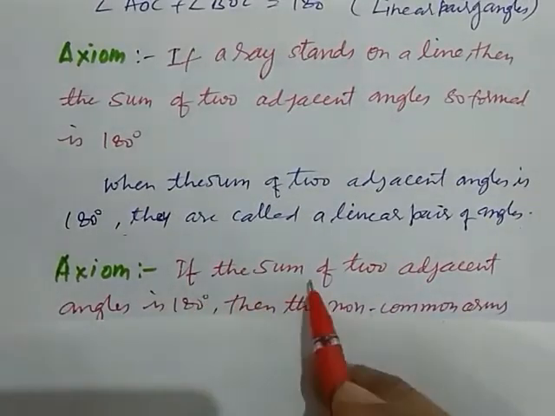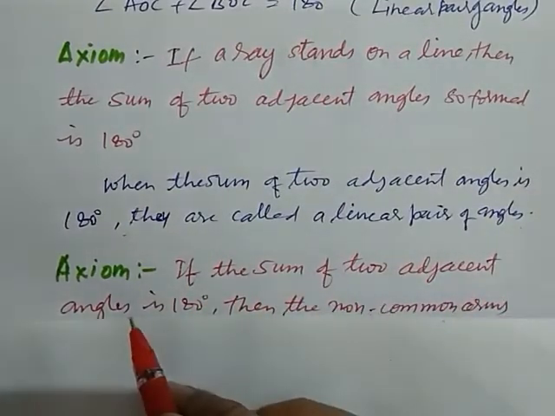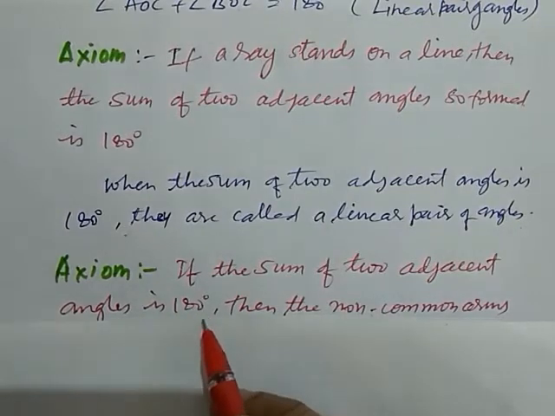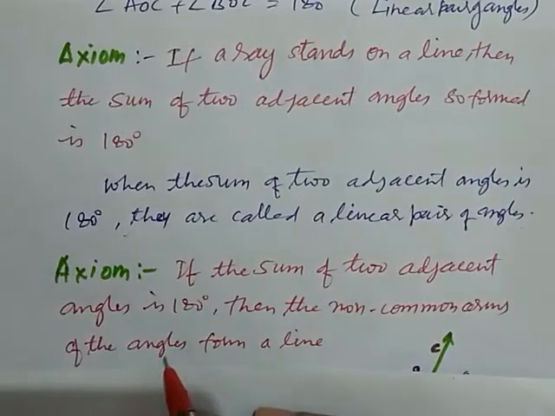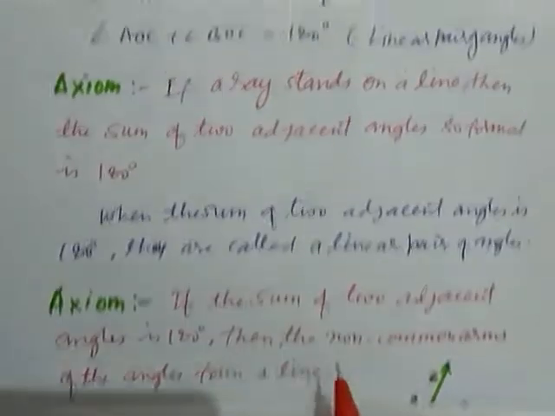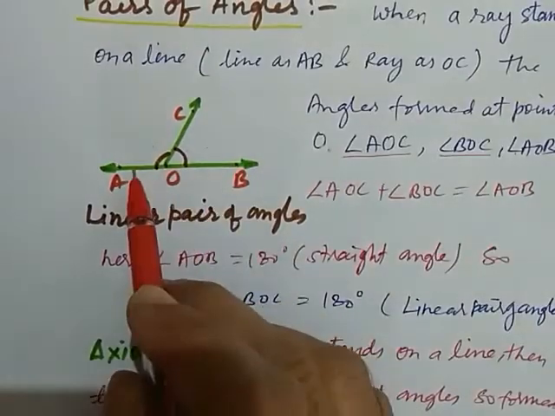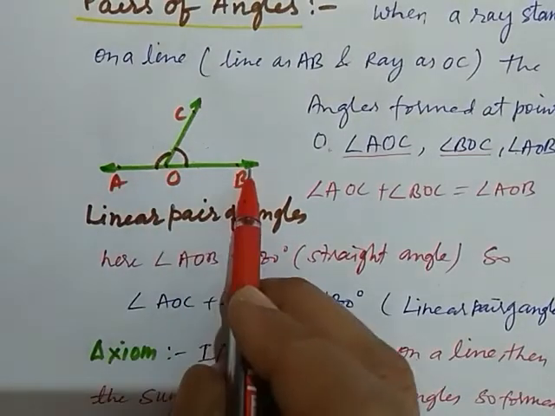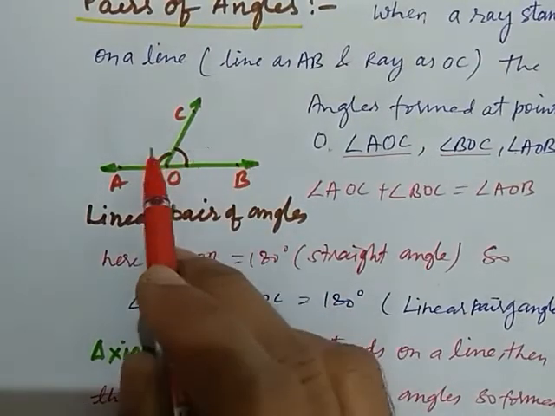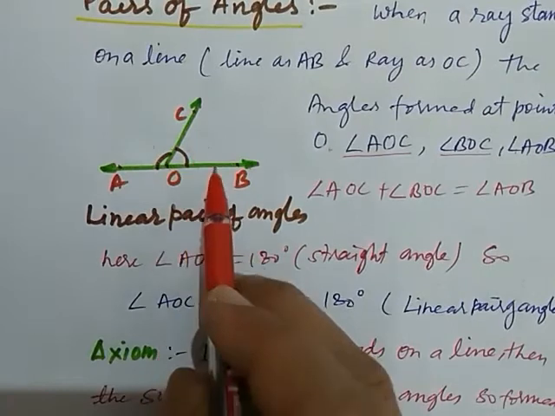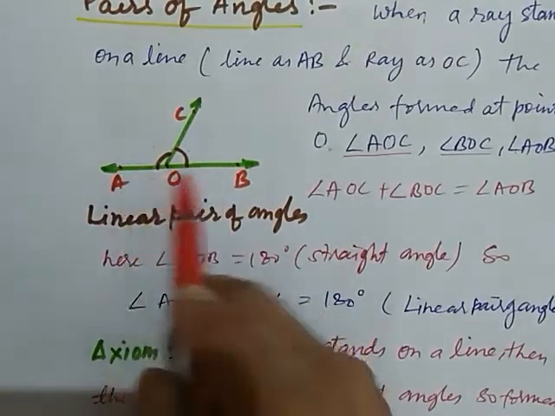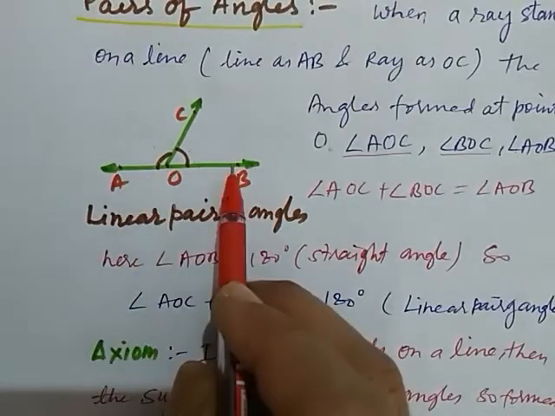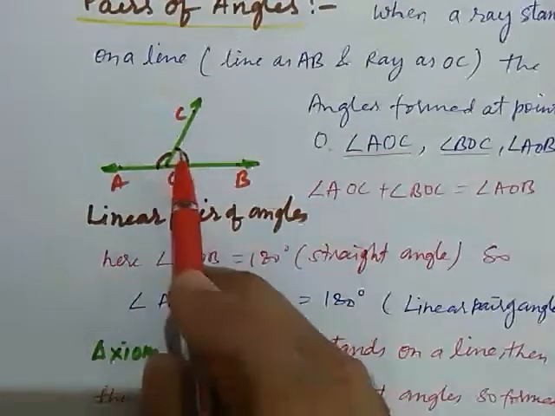If the sum of two adjacent angles is 180 degrees, then the non-common arms of the angles form a line. Here the non-common arms form a line. The sum of these two angles is 180 degrees, and these two arms are non-common arms, and they form a line. Here AOB is a line because this is a straight angle.